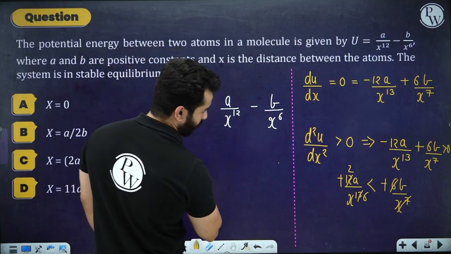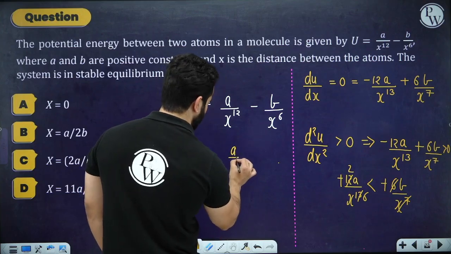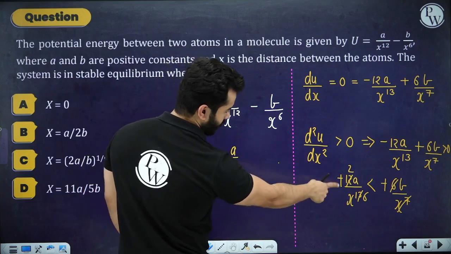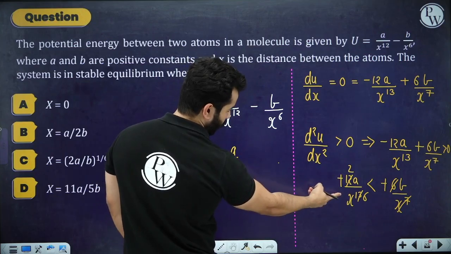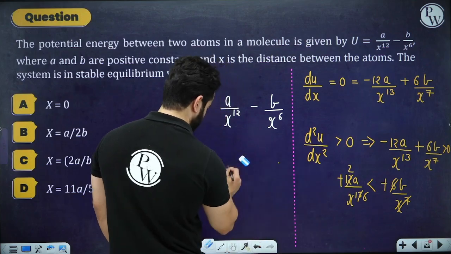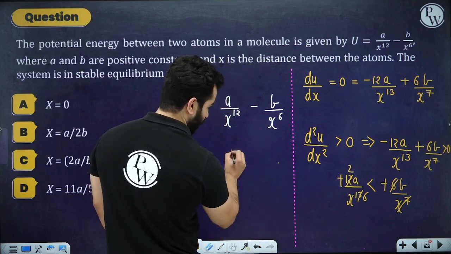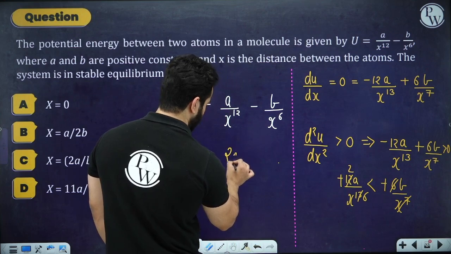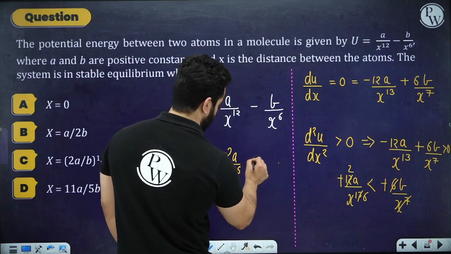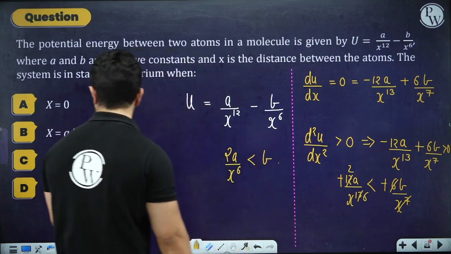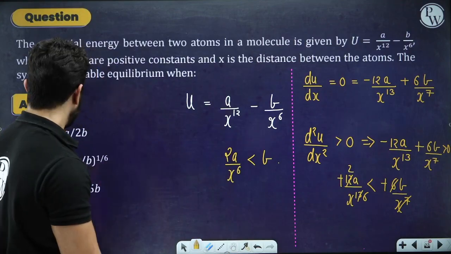So this is nothing but A by 3. Sorry, this is actually 2A by x to the power of 6, and this is B, right?